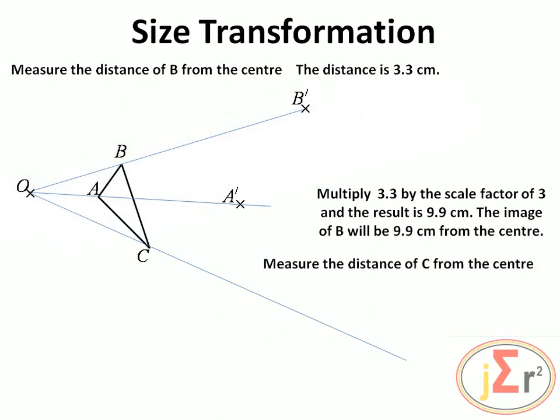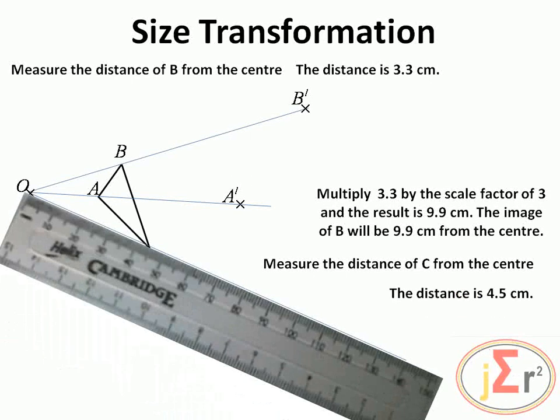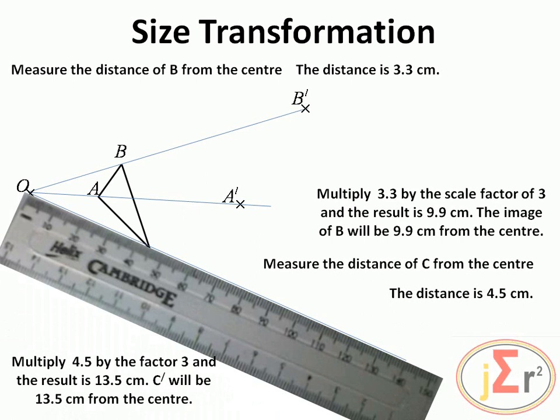Measure the distance of C from the center. The distance is 4.5 centimeters. So we need to multiply 4.5 by 3, and the result is 13.5. Therefore, the distance of the image of C from the center of enlargement will be 13.5 centimeters.